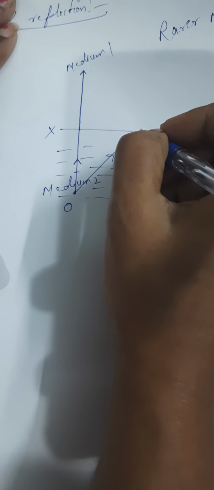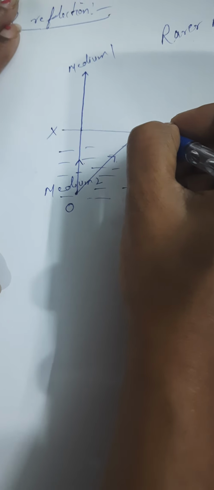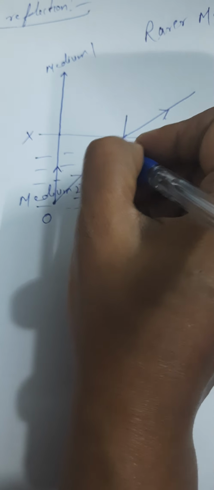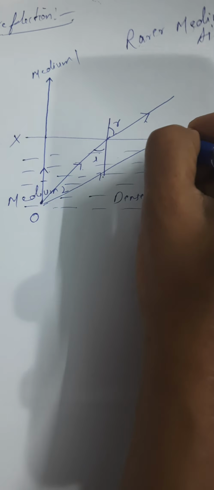So it is incident here and bends in this direction. This is the angle of incidence and this is r. Now we take the next ray, which is incident here and also bends away from the normal in this way.